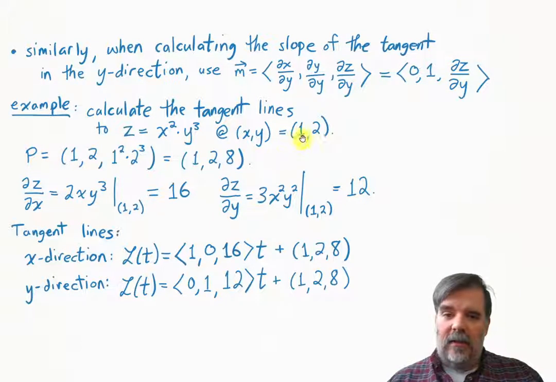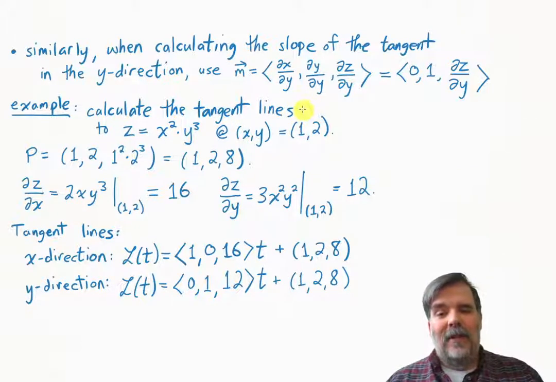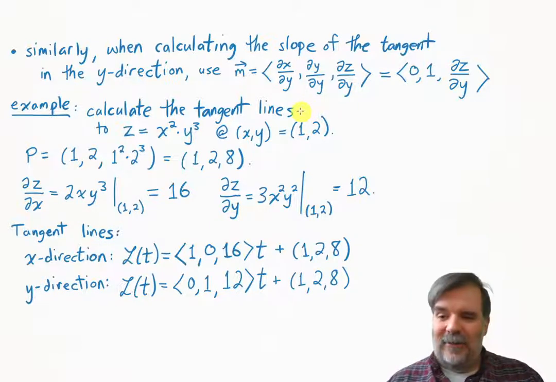And so we'll take the given x and y values and substitute them to get the value of z. And we have the point 1, 2, 8. And that will be on both of the tangent lines. When we say tangent lines plural, that means we're going to look for both the tangent line in the x direction and also the tangent line in the y direction.